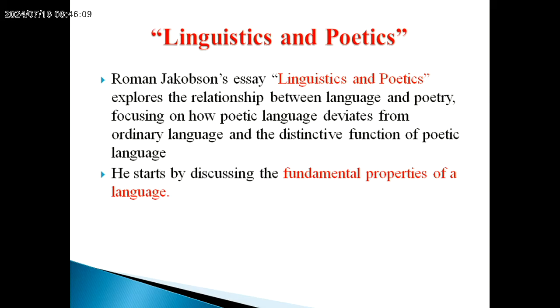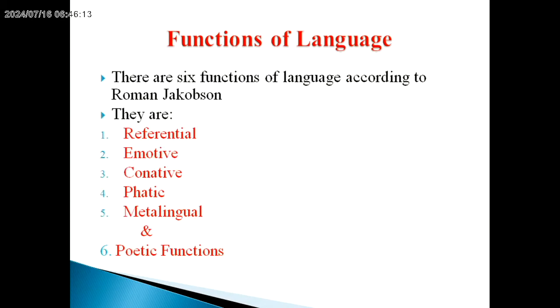He starts the essay by discussing the fundamental properties of language. So let me see what the functions of language are. According to Jakobson, there are 6 functions of language. They are referential, emotive, conative, phatic, metalingual, and poetic function. Let me explain each function of language one by one with an example.